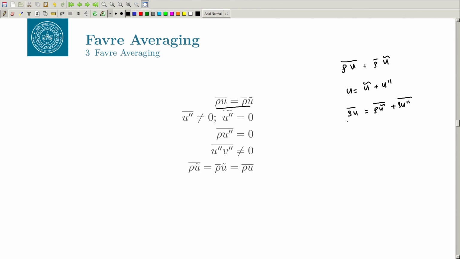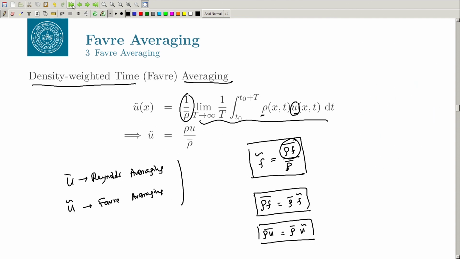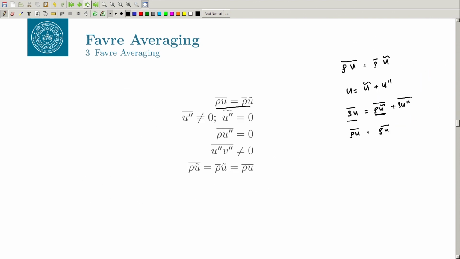So, this will become rho u bar, and this is also nothing but rho u bar, because if you recall the definition, rho u bar is equal to rho bar u tilde. Here rho bar u tilde is again a coefficient, so u tilde bar is equal to u tilde. This is rho u bar and this is now rho u double prime. So, by this you will see that rho u double prime bar is 0.